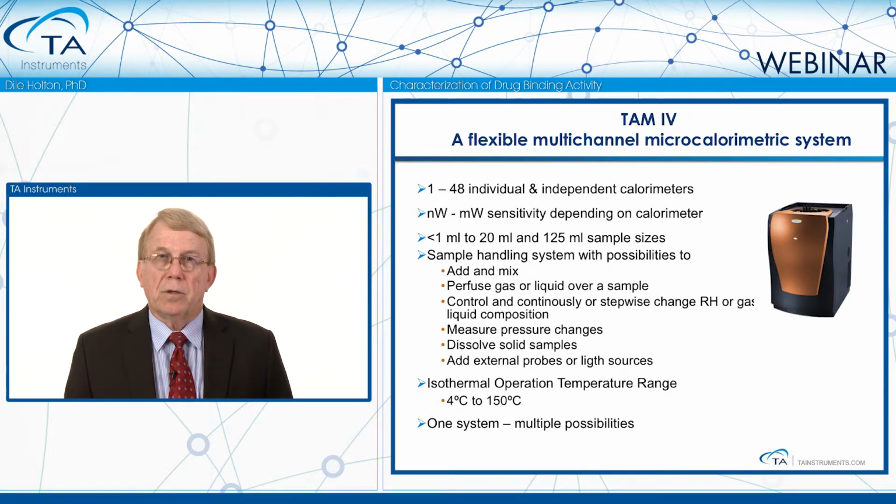You can measure less than 1 milliliter or all the way up to 125 milliliters in sample sizes. You can have all kinds of sample handling possibilities for adding and mixing, looking at pressure changes, dissolving solid samples, and adding external probes such as light sources or pH meters. So the flexibility of the instrument goes on.